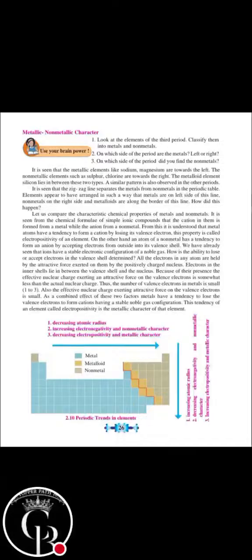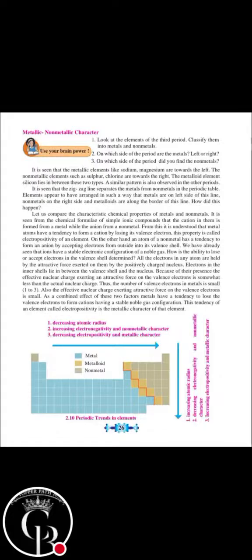Next, we start metallic and non-metallic character. It is observed that metallic elements like sodium and magnesium are towards the left. The non-metallic elements such as sulfur and chlorine are towards the right. The metalloid elements, such as silicon, lie in between these two types.